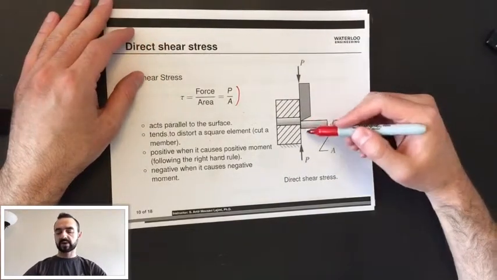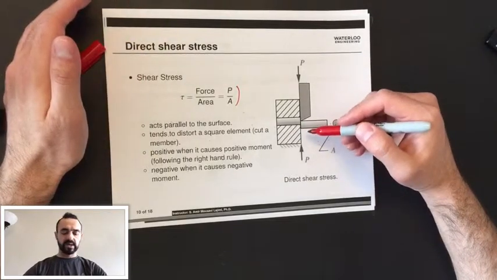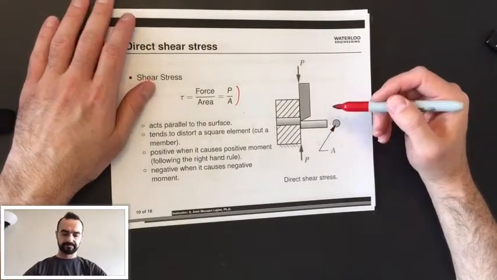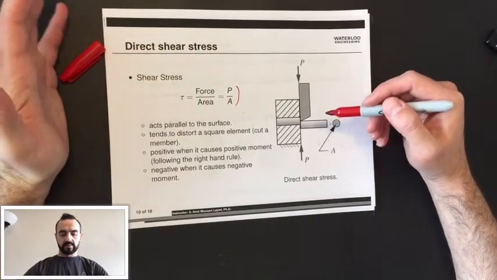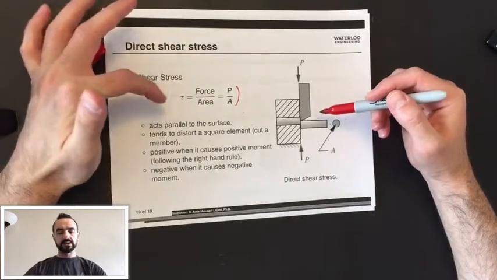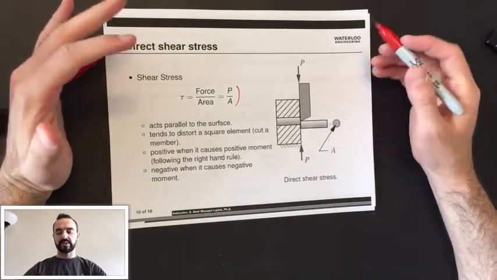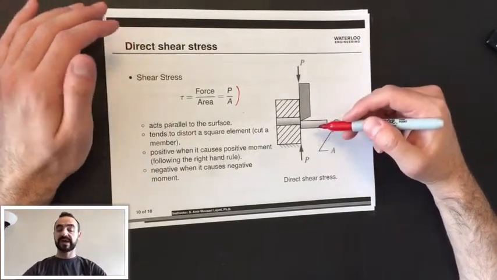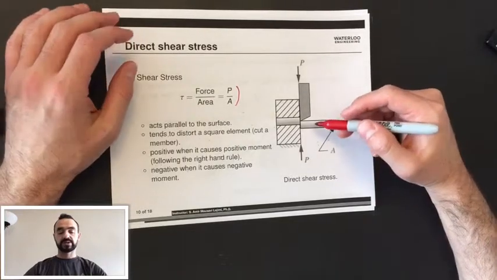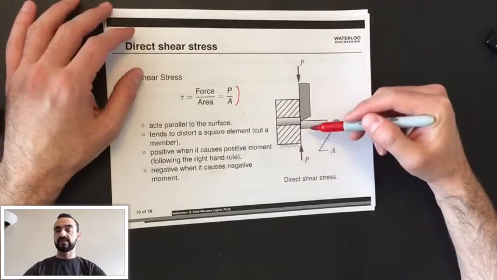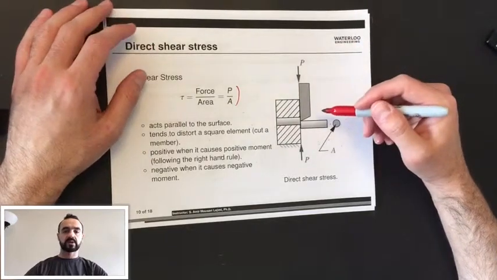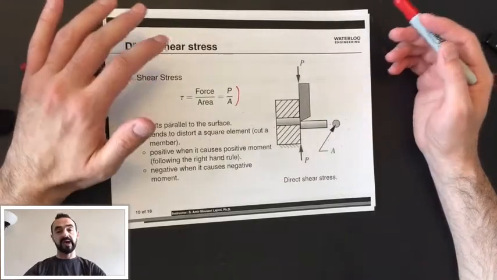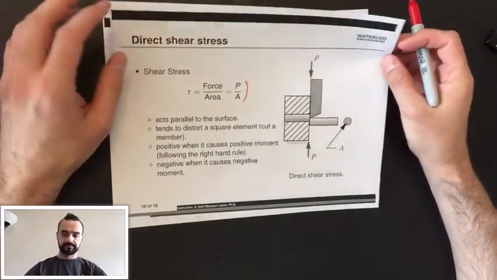This stress tends to cut through the element, as if you're cutting something using a pair of scissors. And all you do is divide force by the area. The more correct name for this stress is average direct shear stress. It is because we assume that we have a uniform distribution of force across a cross section, and then we divide that force by A. So it is kind of an average shear stress.